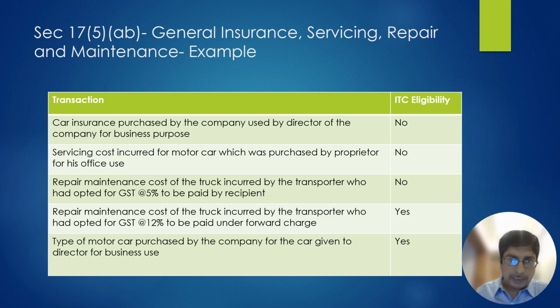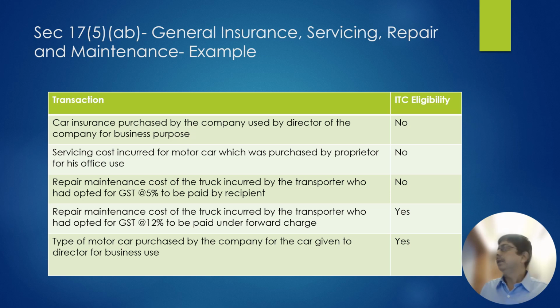Servicing cost of the car purchased by the proprietor for business use: the GST credit is not available. Next example is the repair and maintenance of the truck, where the GTA service provider avails the entry at the rate of 5% to be paid by the recipient.